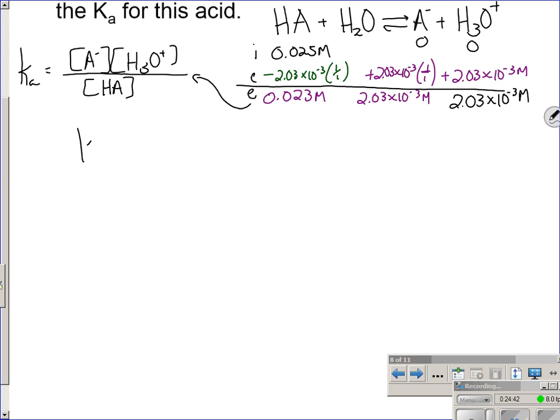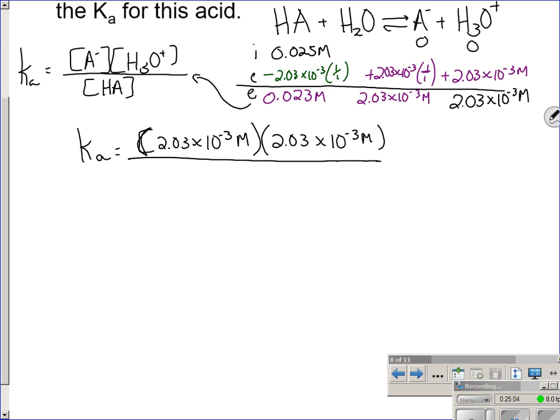So Ka equals the concentration of A minus, which is 2.03 times 10 to the negative 3rd, times the concentration of hydronium, 2.03 times 10 to the negative 3rd, divided by the concentration of the acid, 0.023 molar.